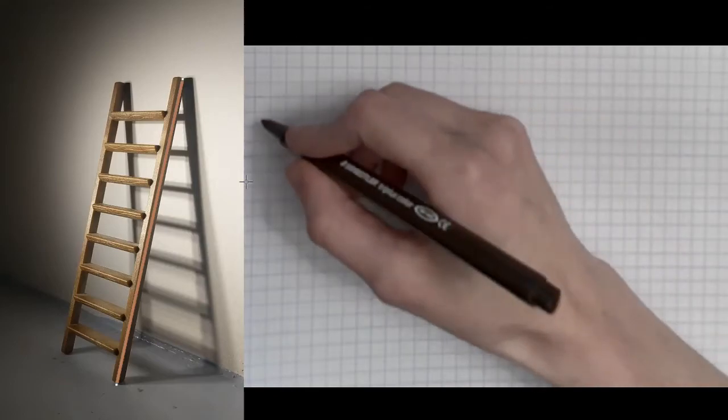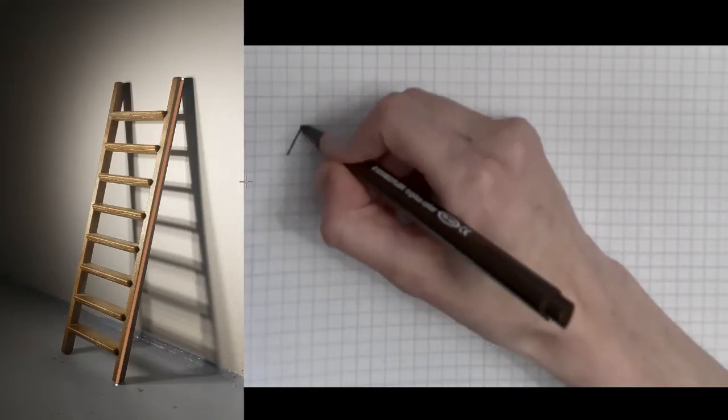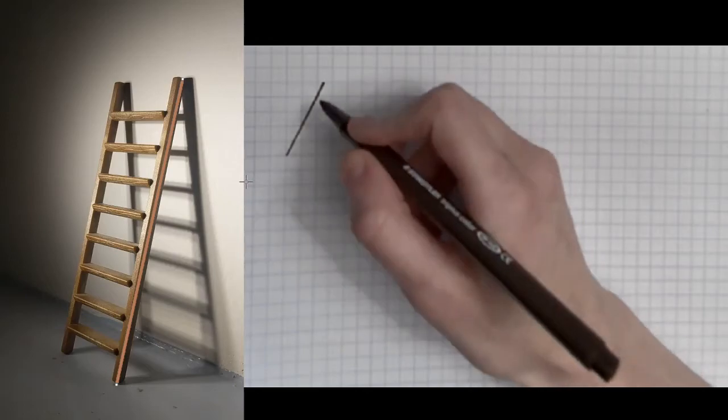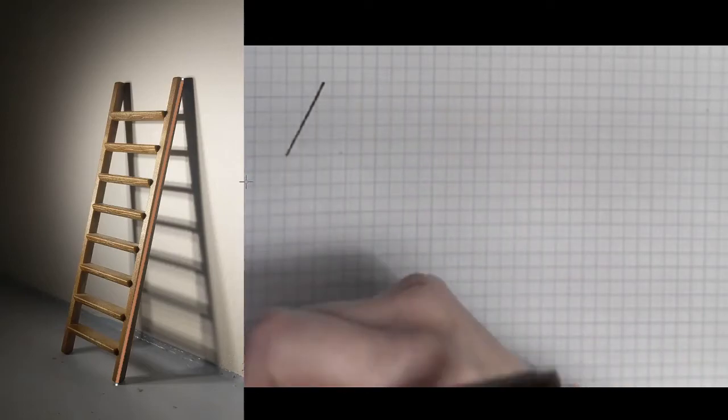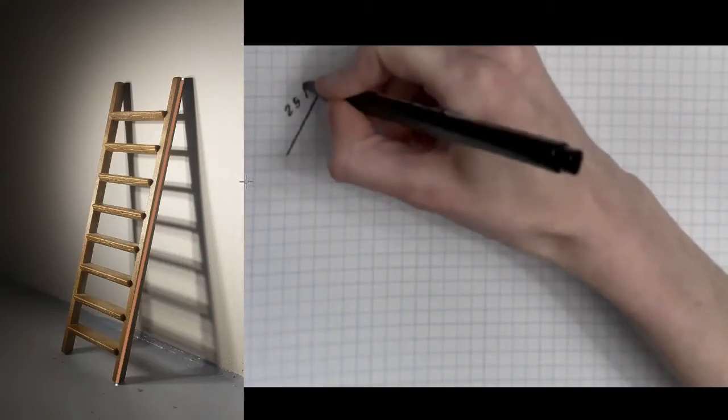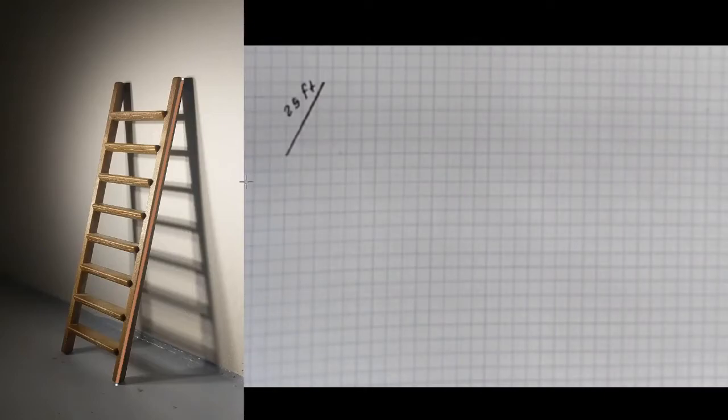Let's just move this out of the way for now. We can remember what it says. Okay. So we know that the length of the ladder right here is 25 feet, which is this right here. All right, so then we can see from this that there's a triangle.